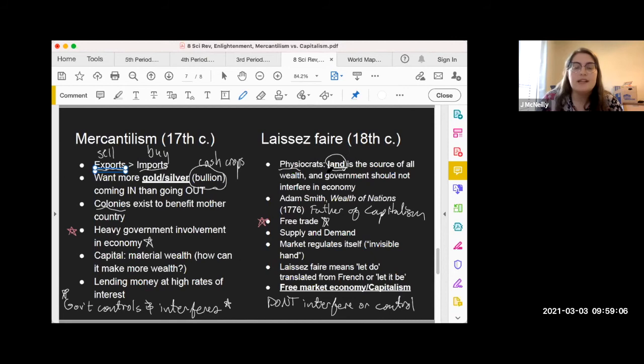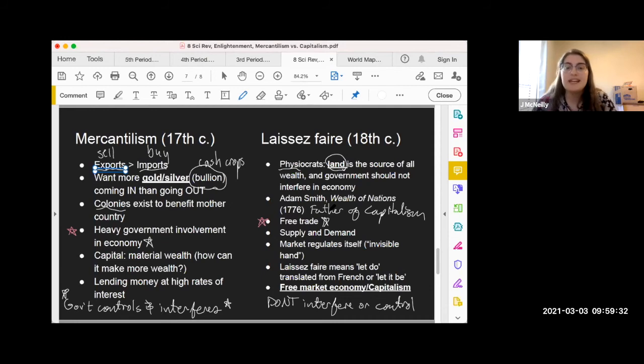And they also believed that natural laws in the economy meant that the government should not interfere in the economy. Adam Smith, the father of capitalism, wrote in his book, Wealth of Nations, that we need free trade, no government interference. So how do we know what prices should be, or what should be bought, or what should be sold?